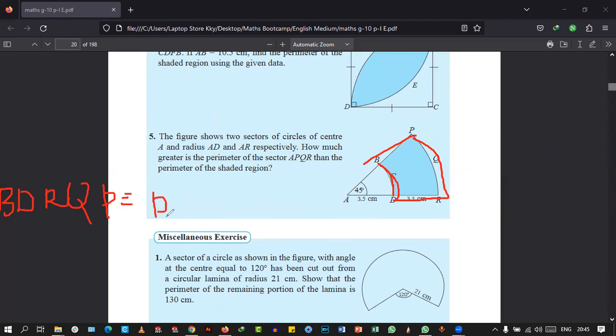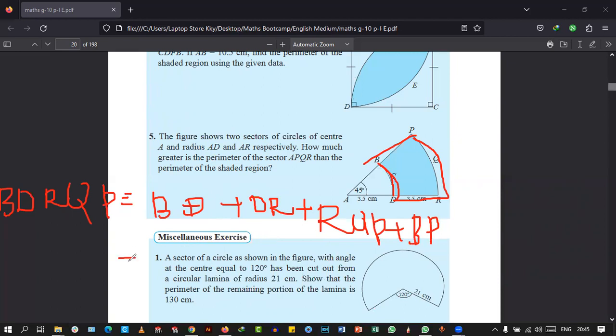I can add it like this: BD plus DR plus RQP, and then plus BP. We can write it this way, right? So now you know that BD is equal to how much?